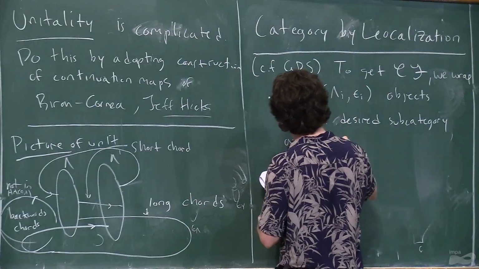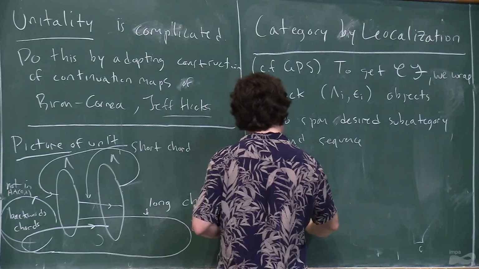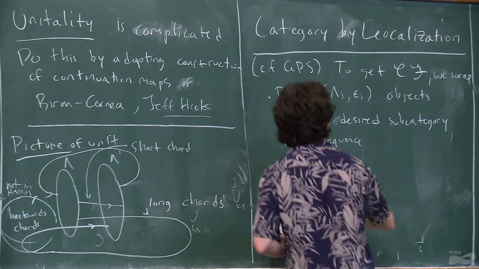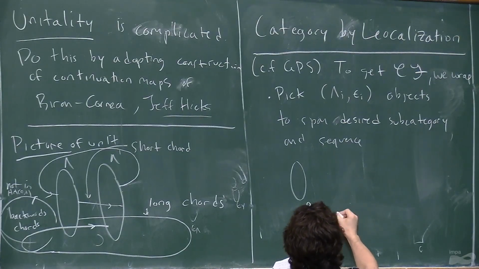And you pick a sequence of positive isotopies, starting at lambda i for each Legendrian.